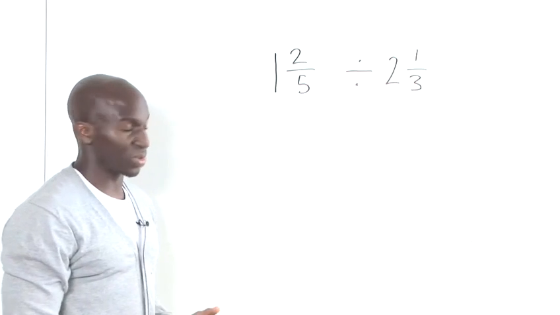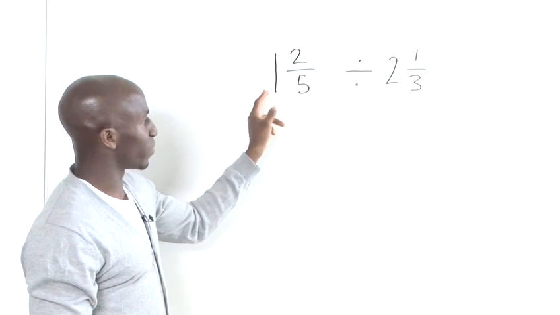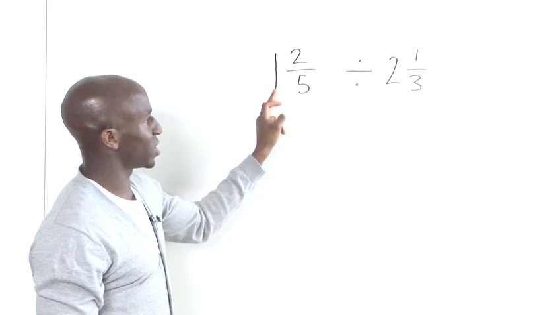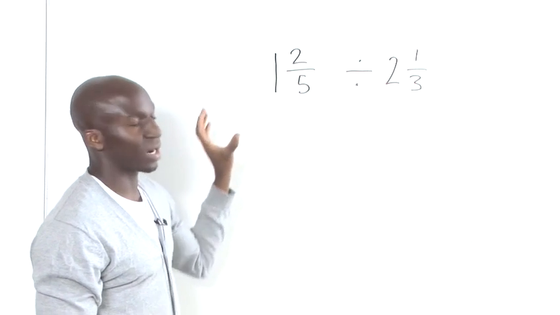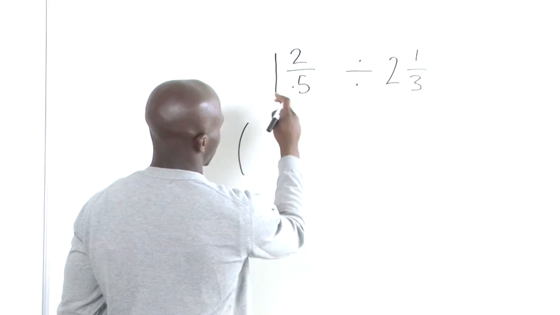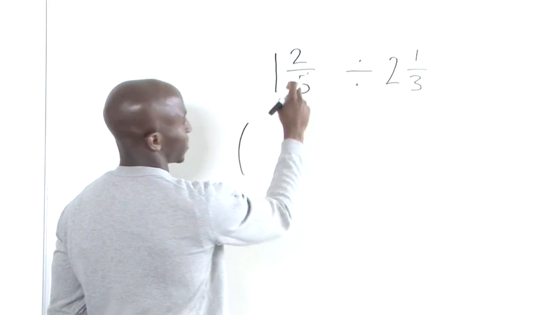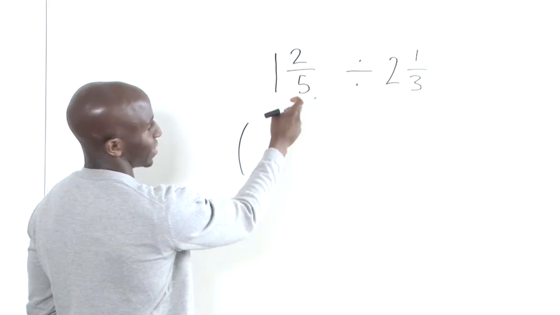Now the first thing you want to do when you're dividing these two fractions is to bring together this integer into this fraction, i.e. to add them together. So we set up the 1 and we look at the denominator of this fraction here, and we see that it's 5.